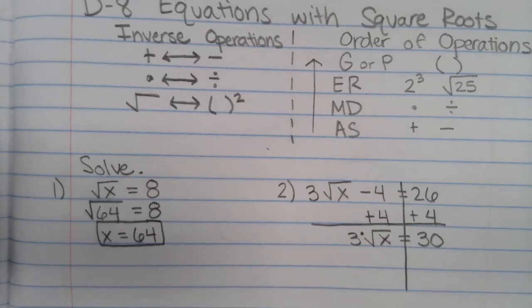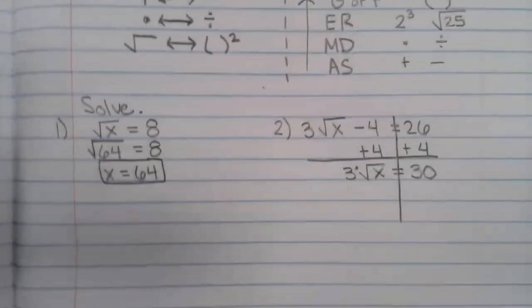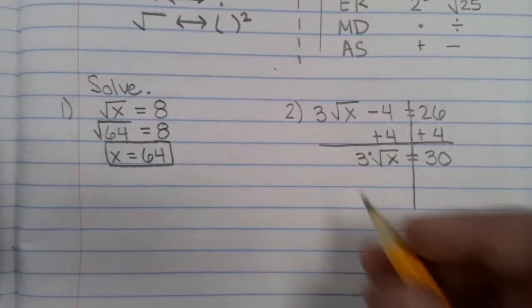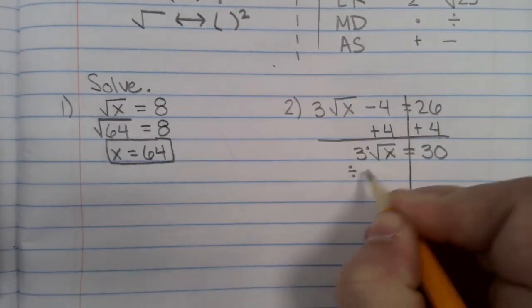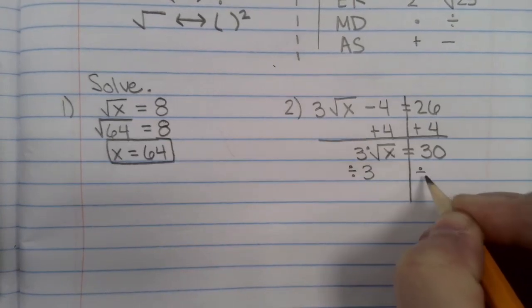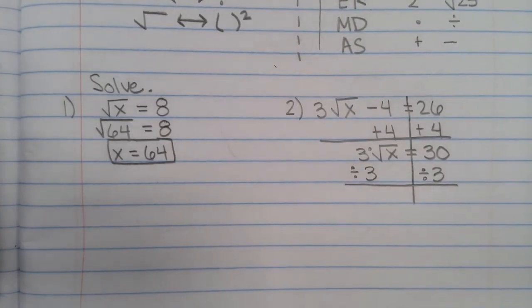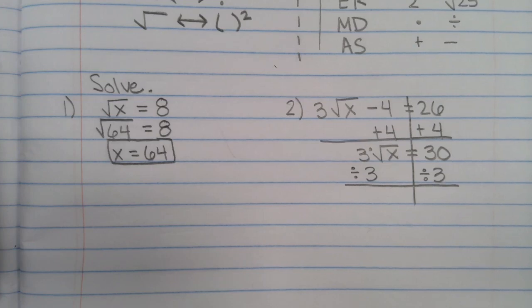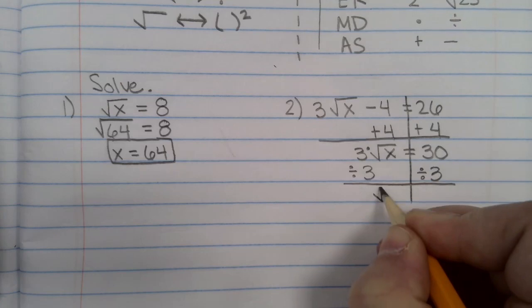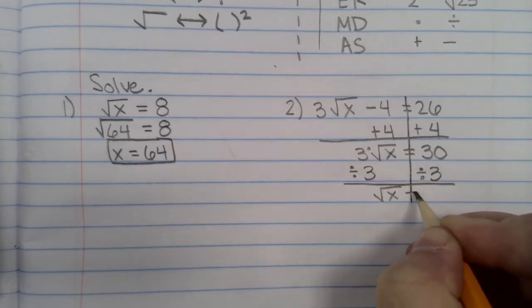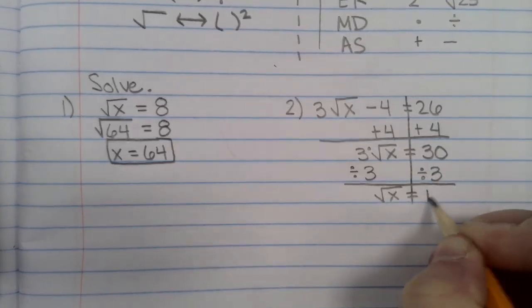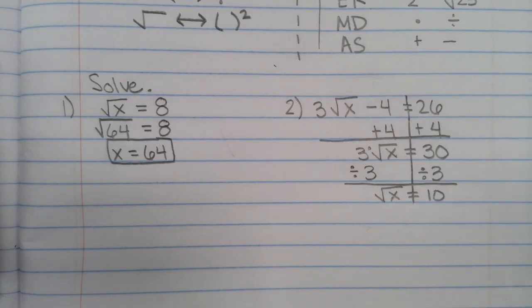And how do we undo multiply? Divided by. Good. So divide by 3, divide by 3. So square root of x equals, what's 30 divided by 3? 10.